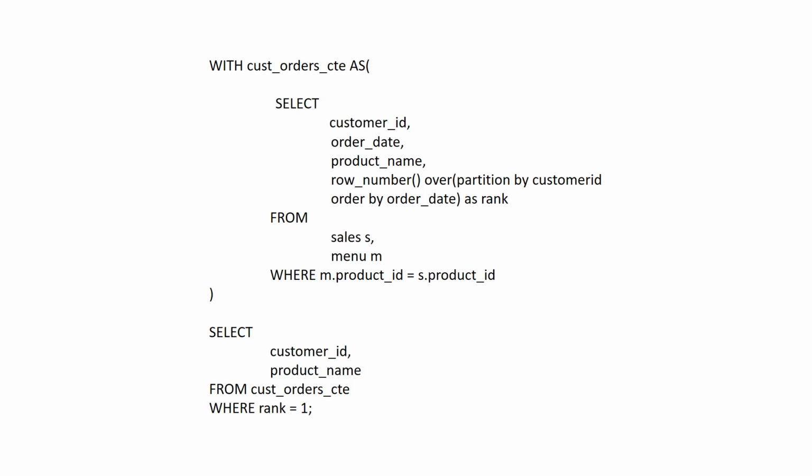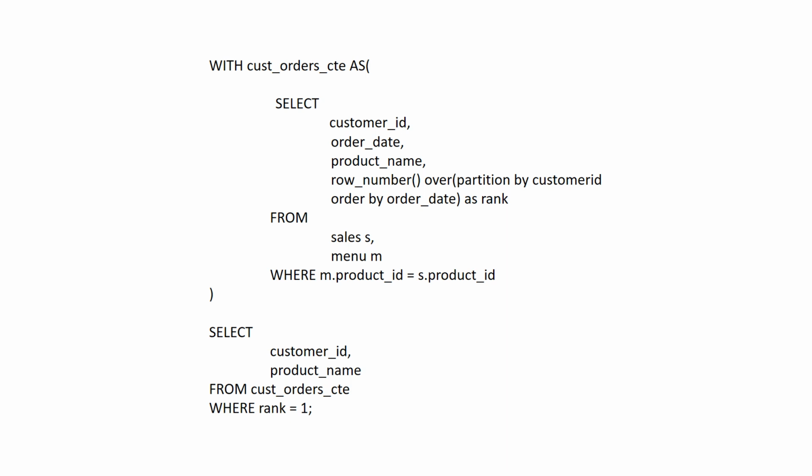In this SQL query, I have created one common table expression, a temporary result, called cust_orders_CTE. The CTE selects customer ID, order date, product name, and the rank of each row within a partition of customer ID ordered by order date, from the sales and menu tables.